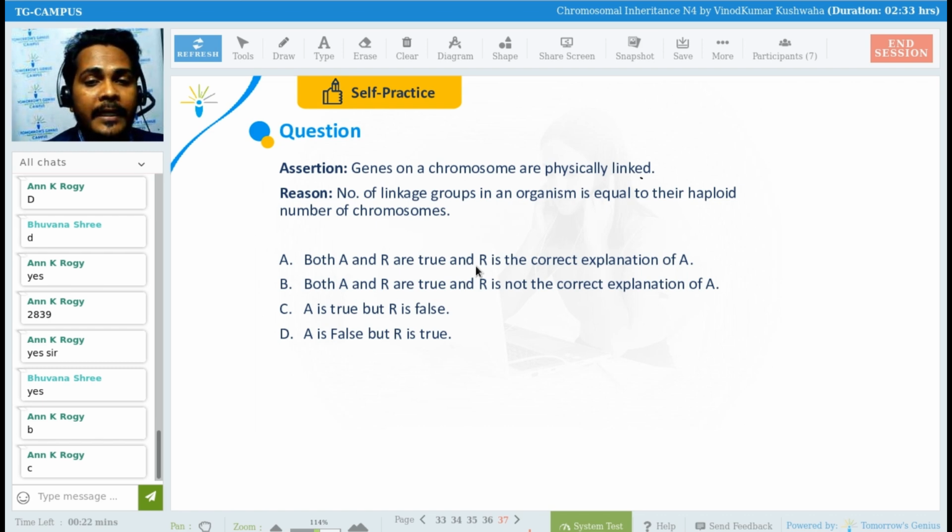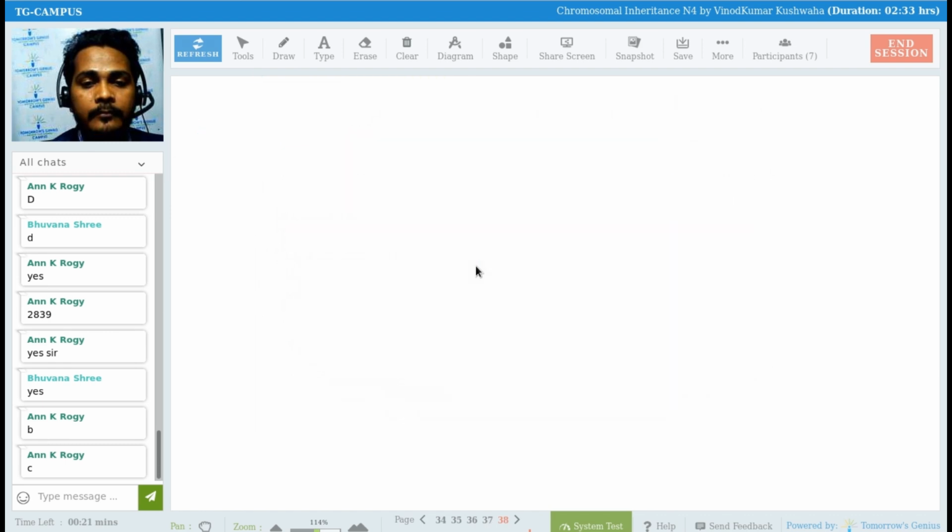Second, the number of linkage groups in an organism is equal to their haploid number of chromosomes. This statement is also true. Both statements are true, but R is not the correct explanation of A. So B is the right answer, because both are totally different: one relates to the linked genes and the other to the number of chromosomes in the haploid organism.